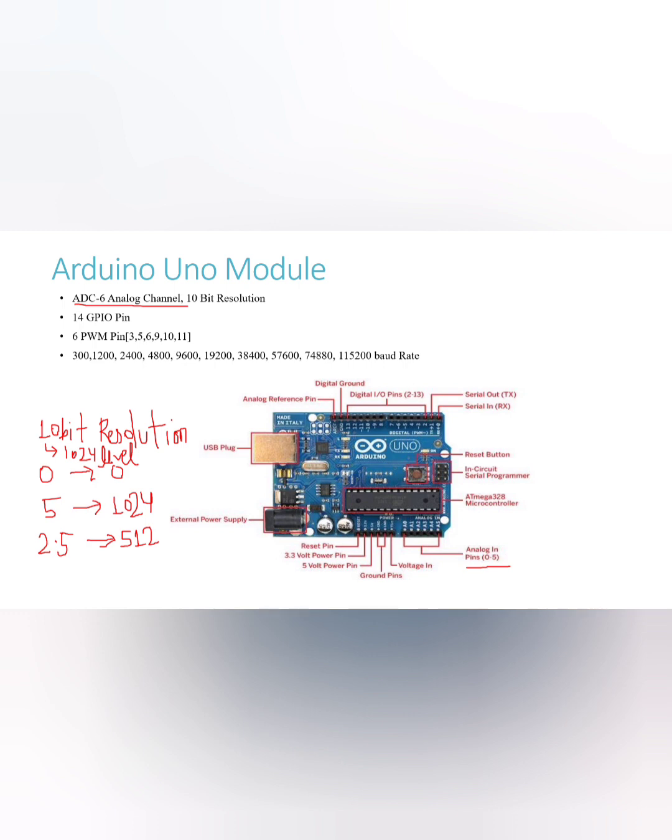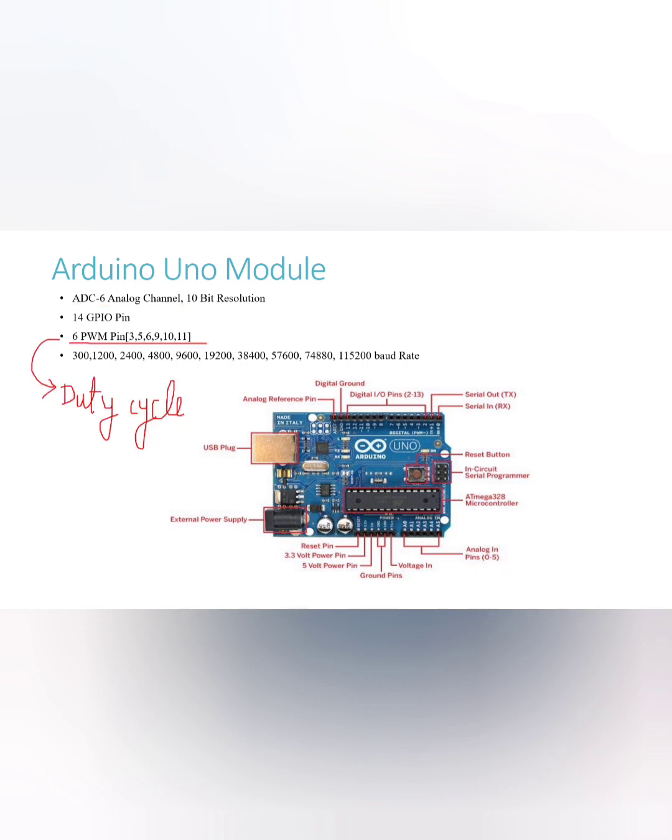If the actual input voltage is 0 volt, then the MCU ADC will read it as 0, and if it is 5 volt, the MCU will read 1024. And if it is somewhere in between, like 2.5 volt, then the MCU will read 512 levels.